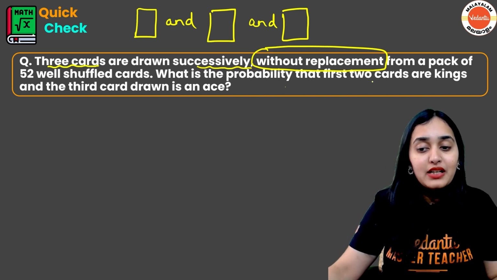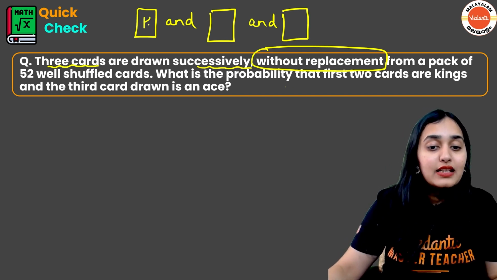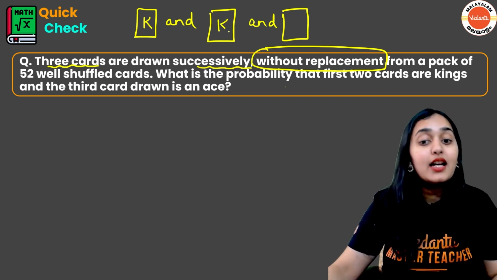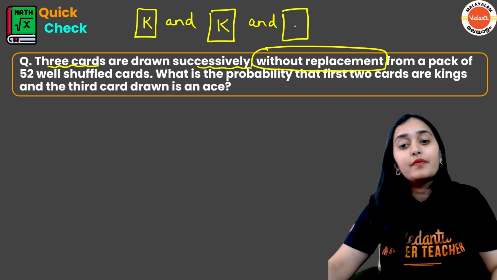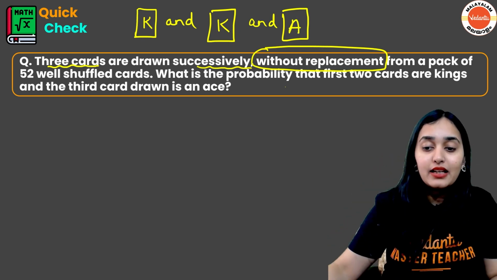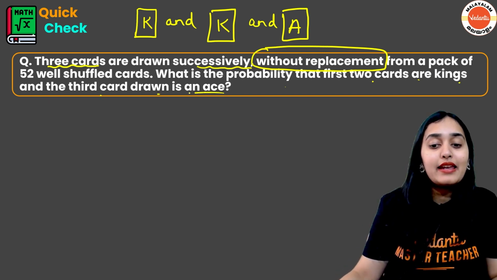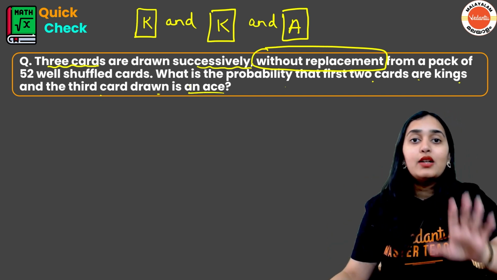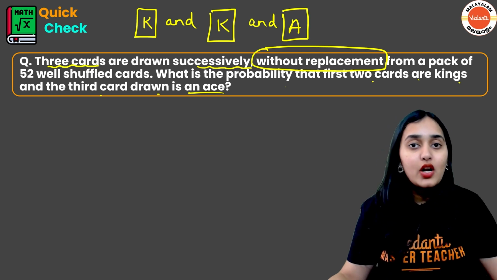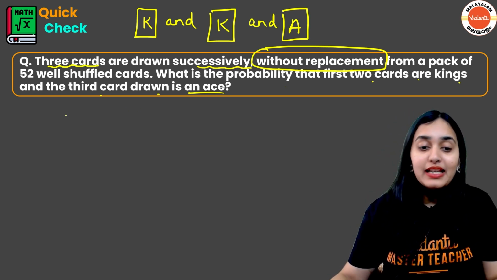What is the probability that the first 2 cards are kings and the third card drawn is an ace? First, king should come. Second, king only should come. Third, ace should come. It is compulsory. Queen cannot come. Joker cannot come. 2, 3, 4 cannot come. So what will be the probability?